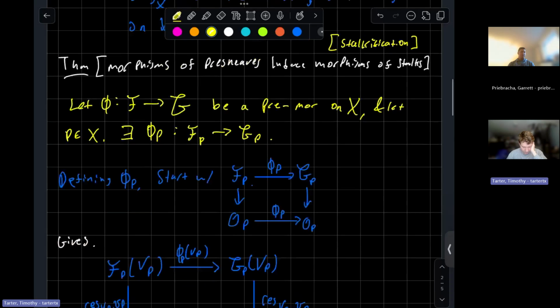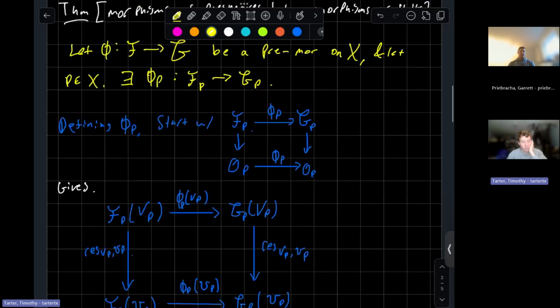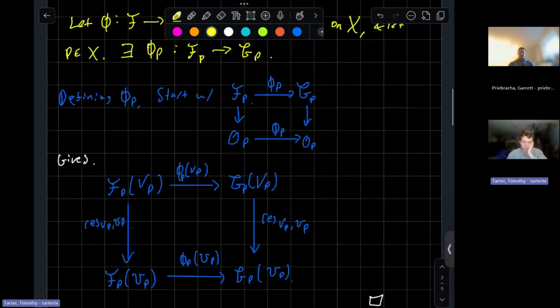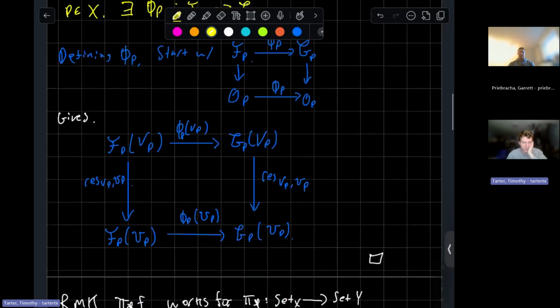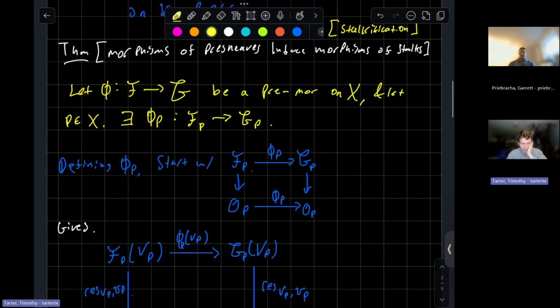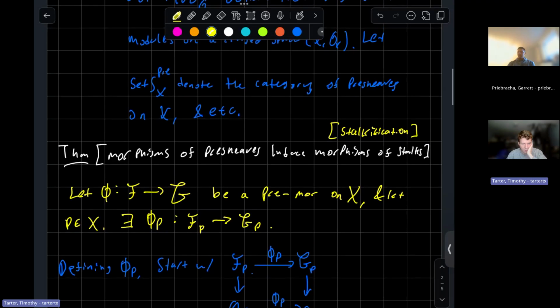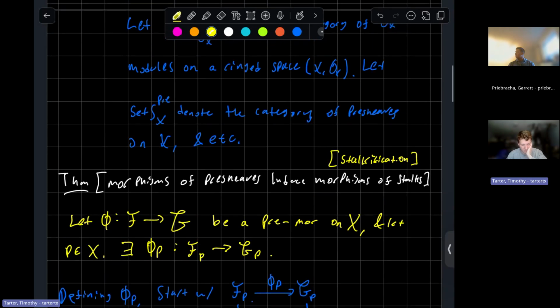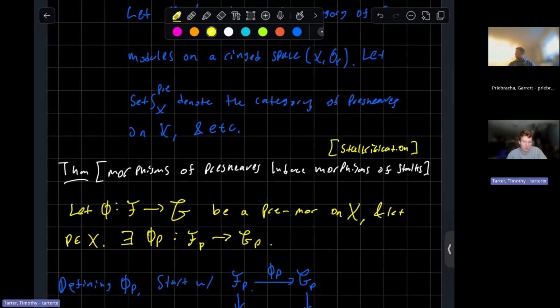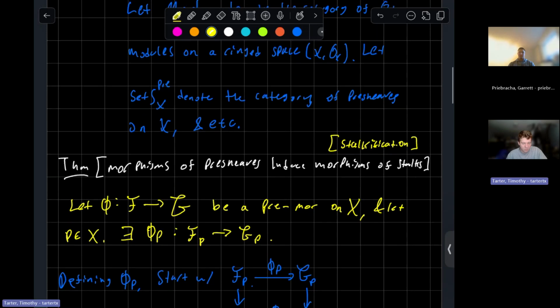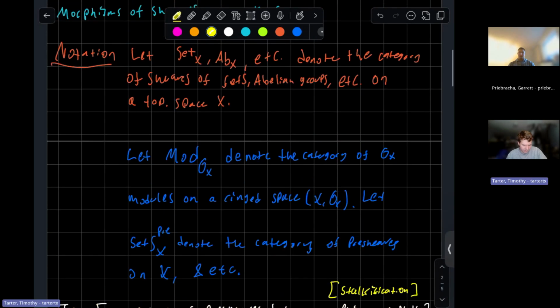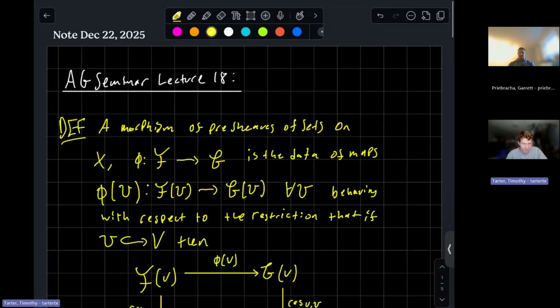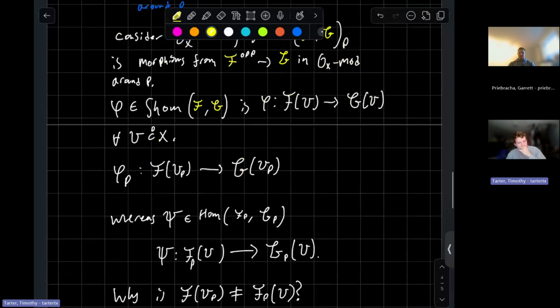And then above, when we're talking about the localization, it's a family of modules varying continuously over X. And then the stalk is a module of the local ring. So the structure sheaf is the unit object in the category of OX modules.